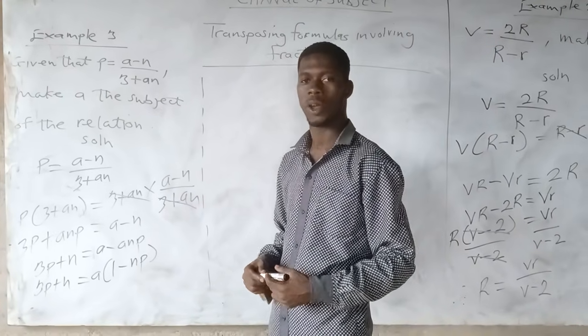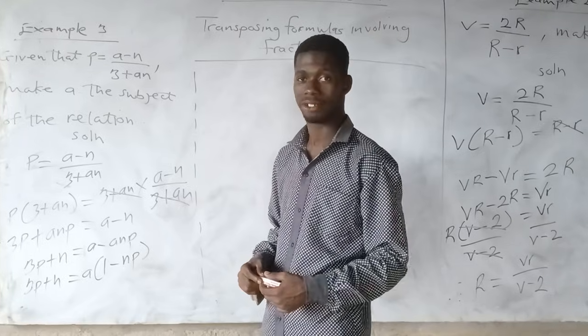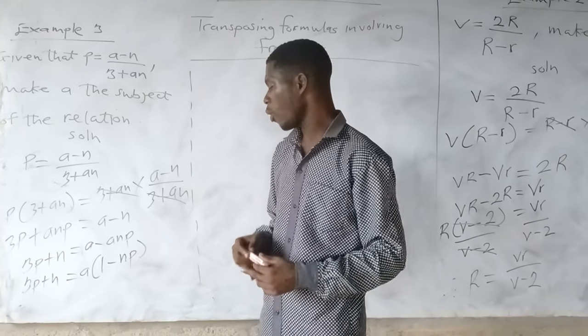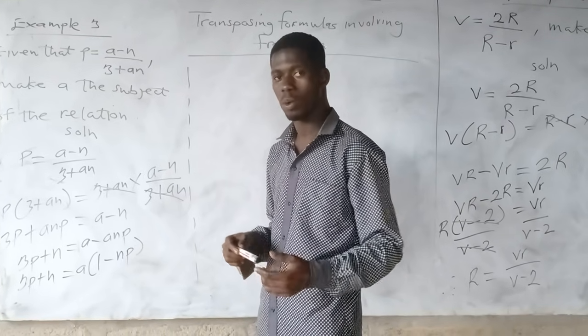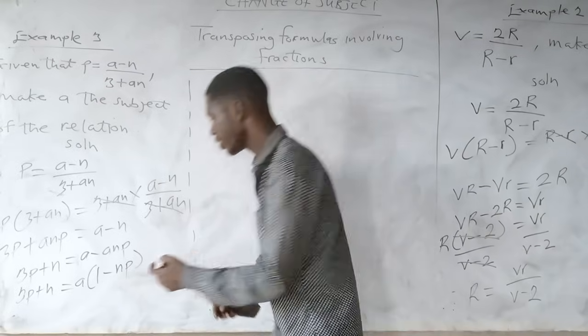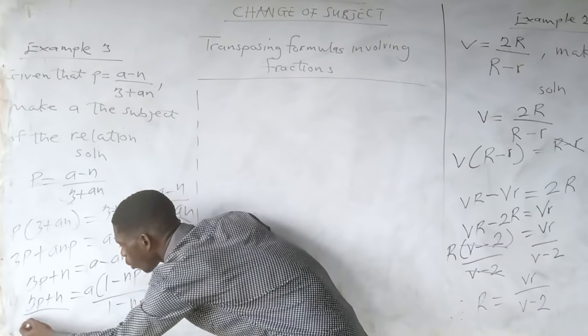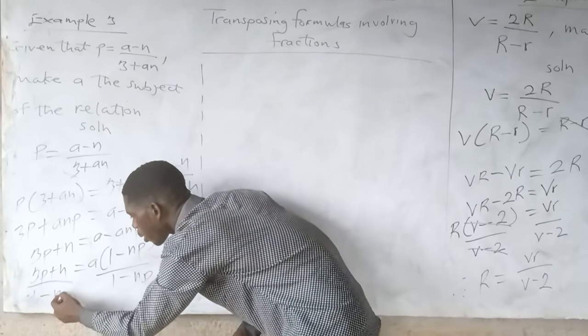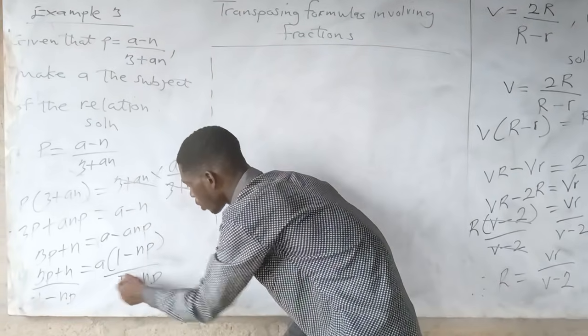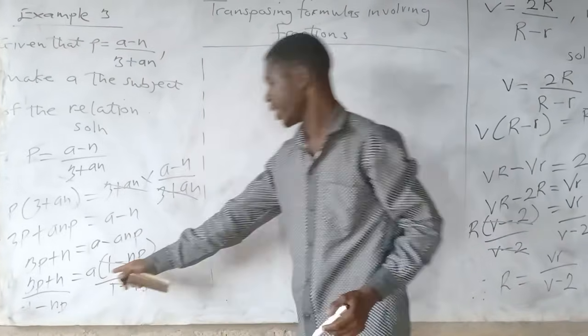Now we can divide both sides of the equation by the coefficient of A. And the coefficient of A is 1 minus NP. So divide both sides by 1 minus NP. So this one cancels this one so that A will stand alone.